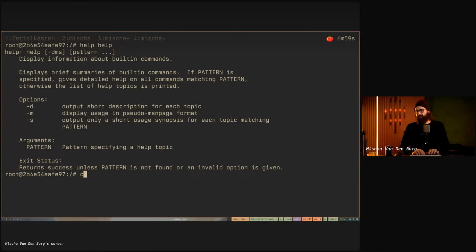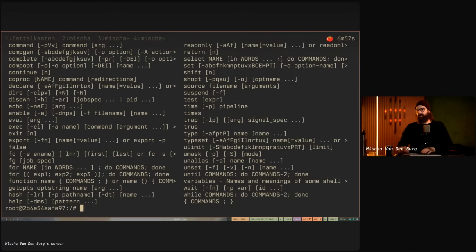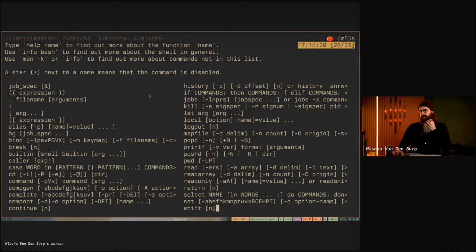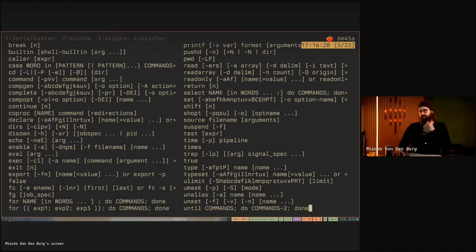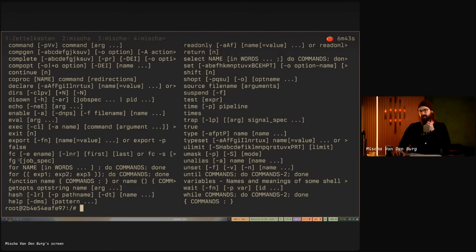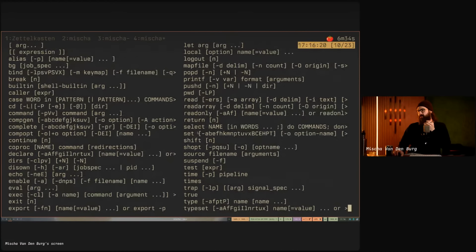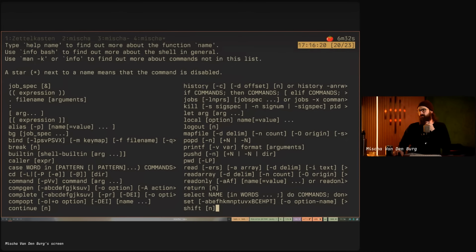So again, if I run help, you can see many commands here: pwd, printf, local, logout, continue, echo, exec, exit, fg for jobs, wait, while. What's another one? History. History is one that I use a lot.